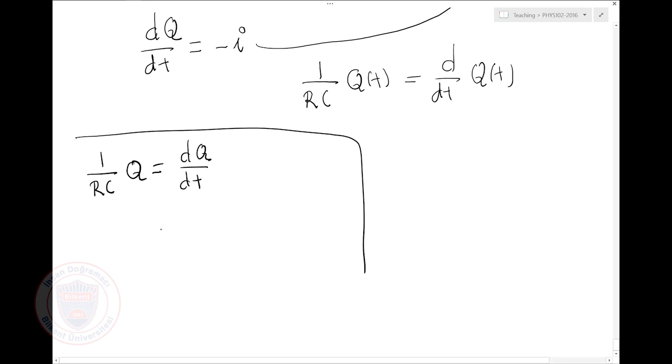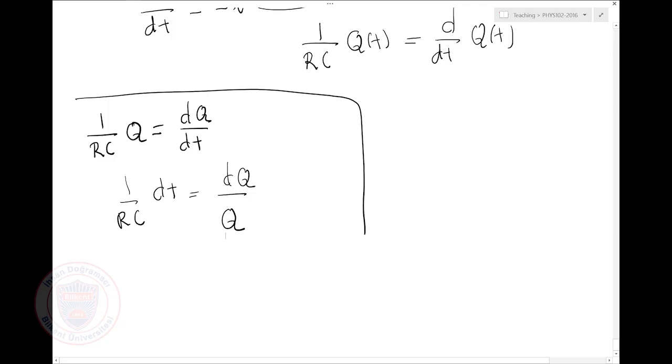I'm going to move this dt to the left. And q to the right. So don't show this to your math professor, okay? That's obviously not a very good idea. In general, you don't play with differentials as if they are numbers.